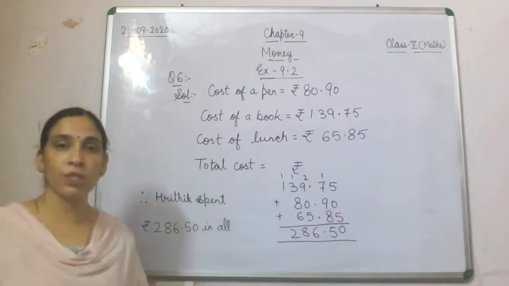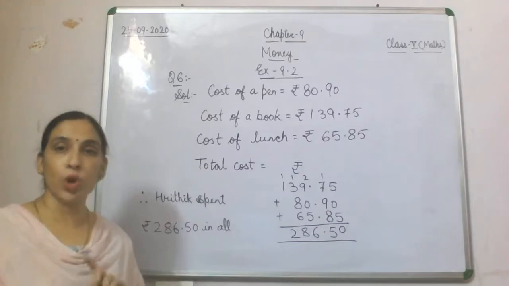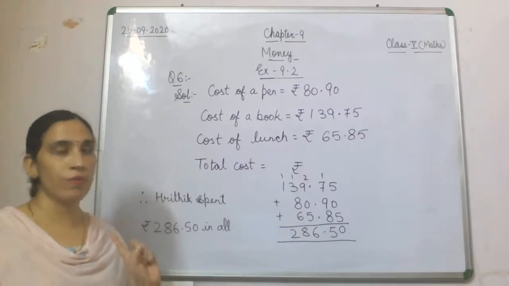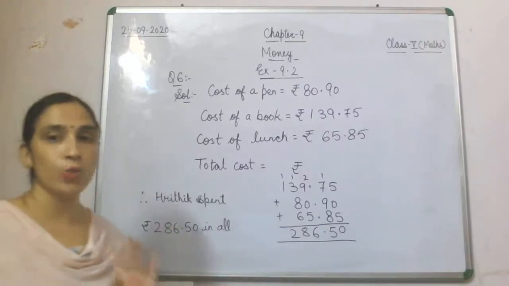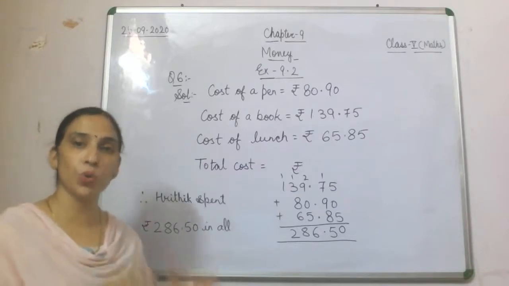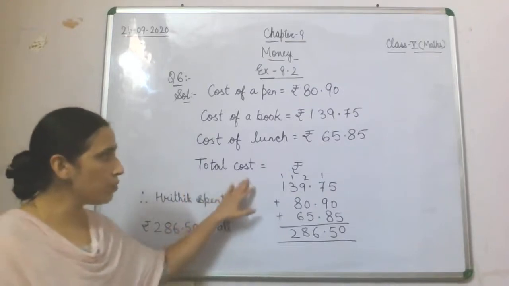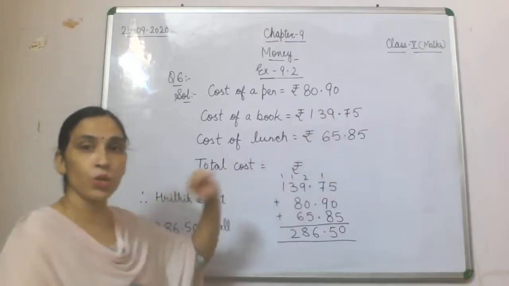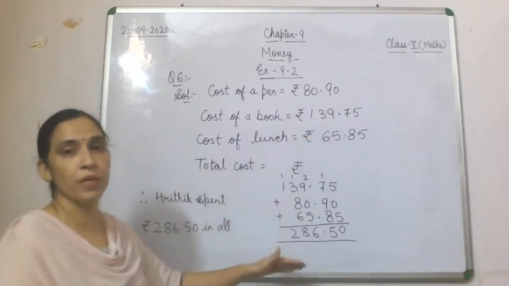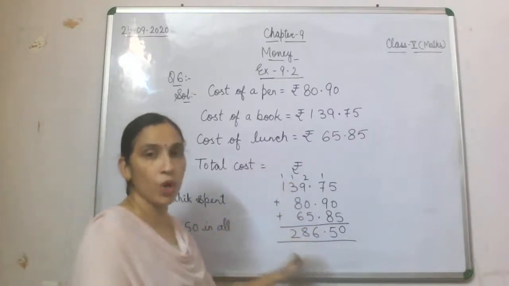So let's see this question once again. What is given to you? You have been given the cost of a pen, cost of a book, and cost of lunch. And after that, you are supposed to find out the total money spent by Ritik. So first of all, you will find the total cost. Total cost means by adding all these, you will get how much money was spent by Ritik. So this addition we have to arrange in the form of a column.